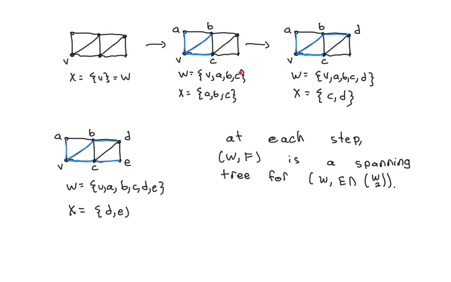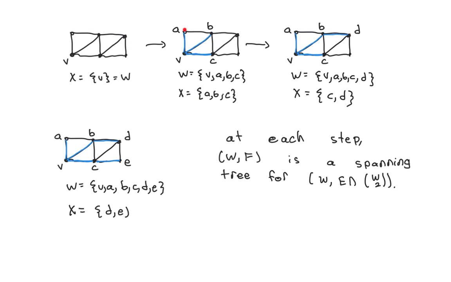So we add them to W and to X. And then we add those edges to F. So F is going to be colored in blue. And then we remove V from X. And so after one iteration of the while loop, we end up with these three blue edges.